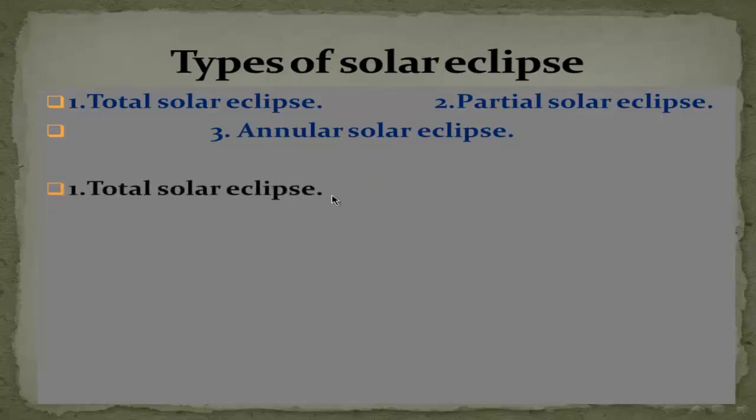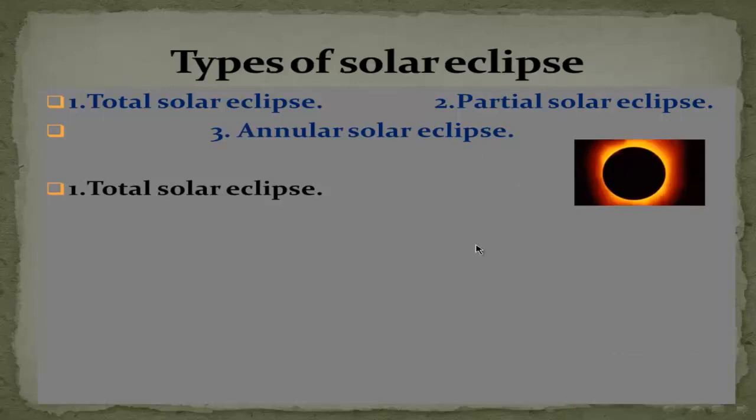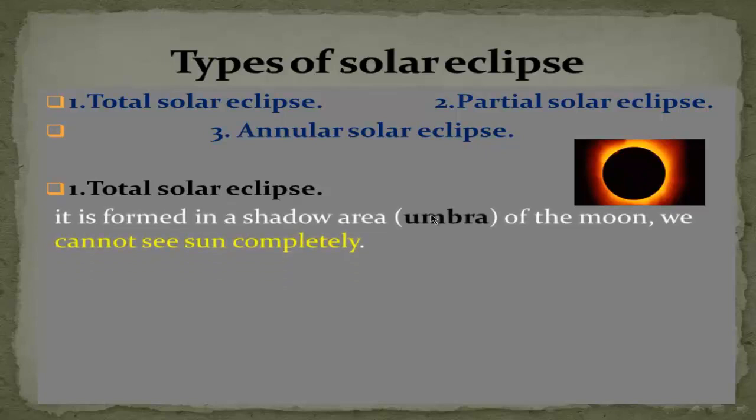The first type we will talk about is total solar eclipse. In this type, we can see the Sun like that. The first information we must know in this type is that total solar eclipse is formed in the shadow area umbra of the Moon.